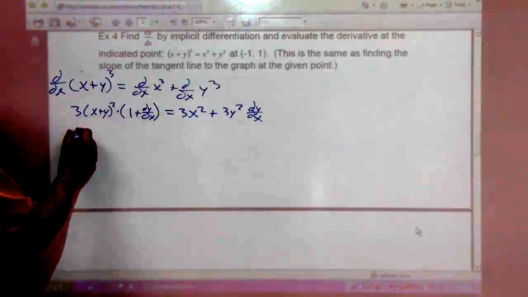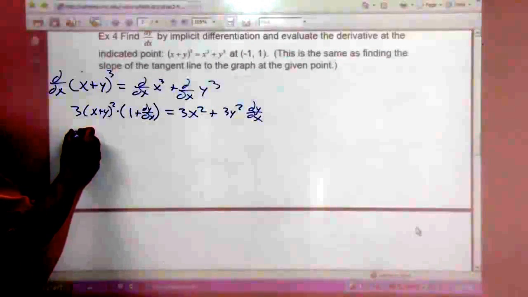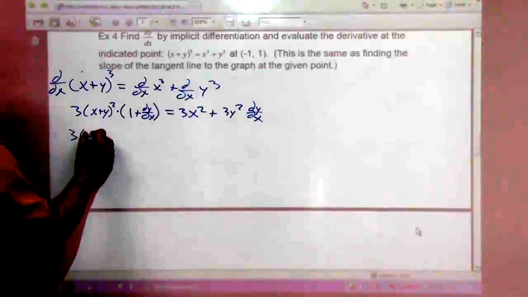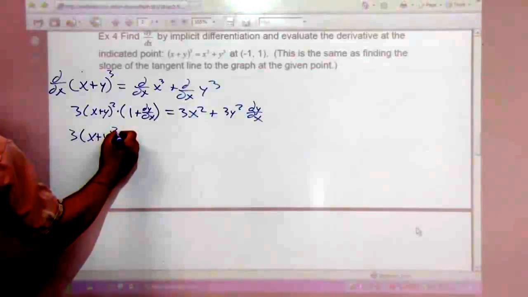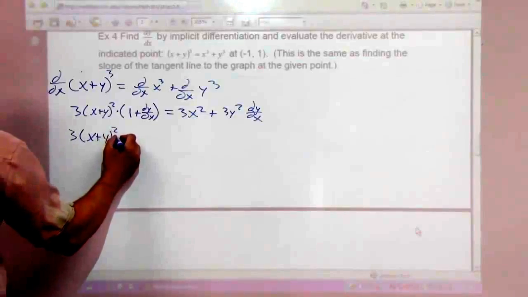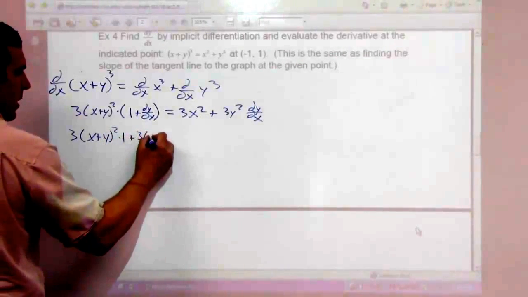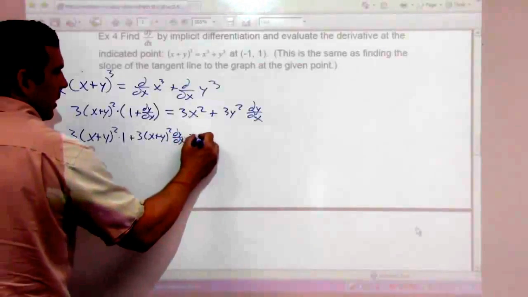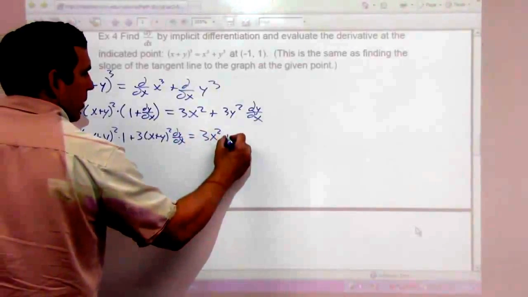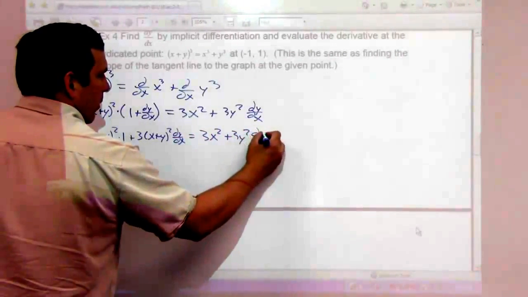So I'm going to have to distribute here. We have 3 times (x + y)^2 times 1 plus 3 times (x + y)^2 dy/dx equals 3x^2 plus 3y^2 dy/dx.